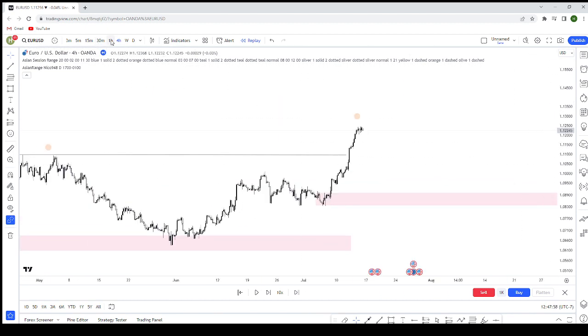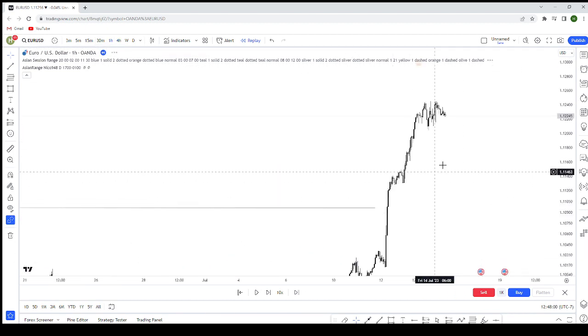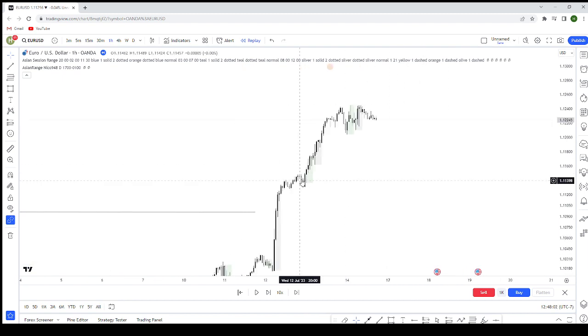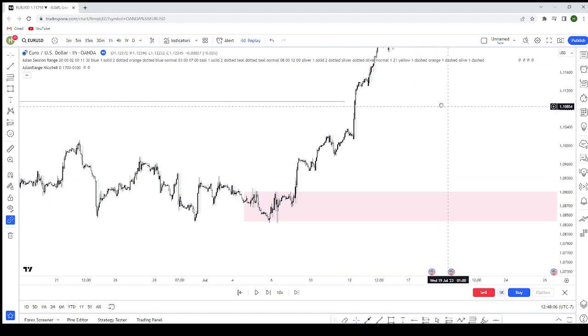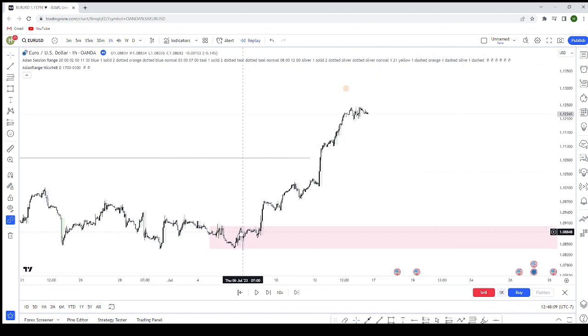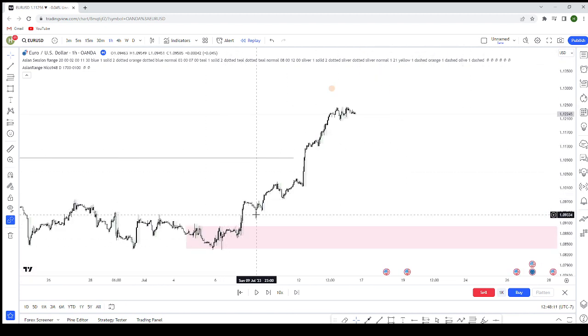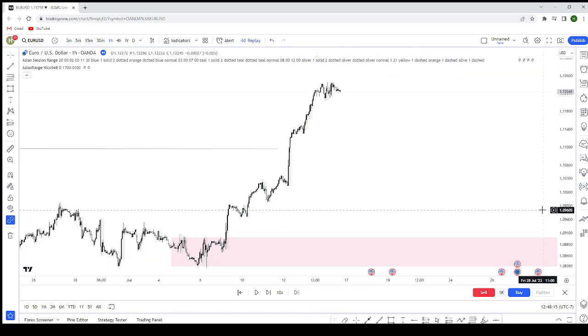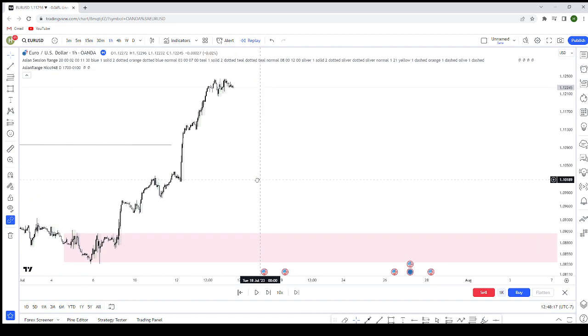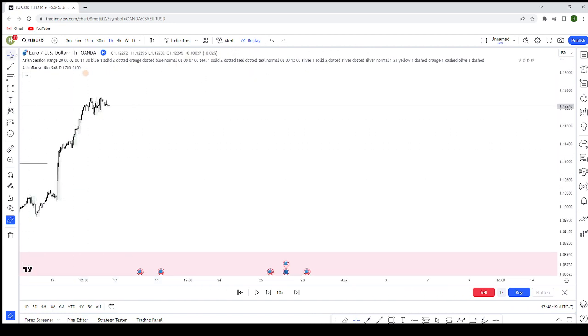Then we drop down to the 1-hour, and from the 1-hour we want to take the same type of look at the markets and see what it's doing. We can see it was printing these new highs and new lows, but the price action wasn't very clean or clear, in my opinion, because what you want to see when it's making new highs and new lows is deep retracements back to the previous structure points.